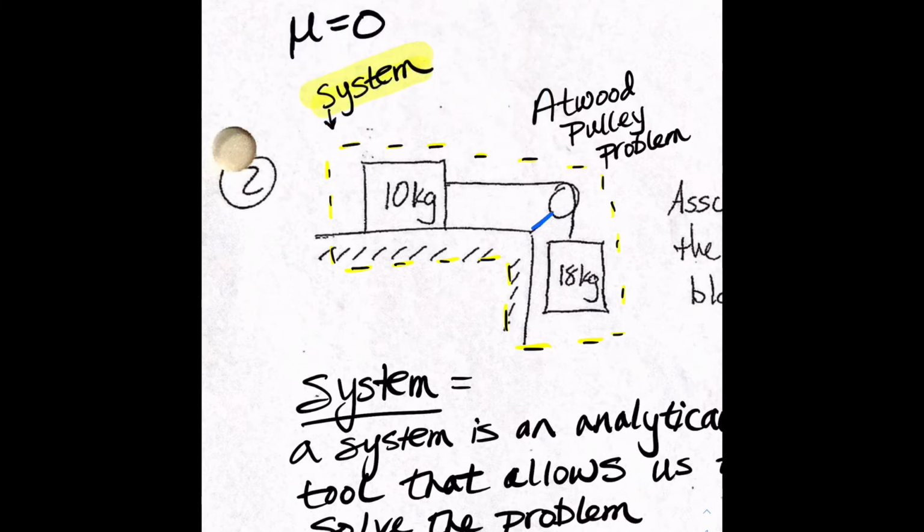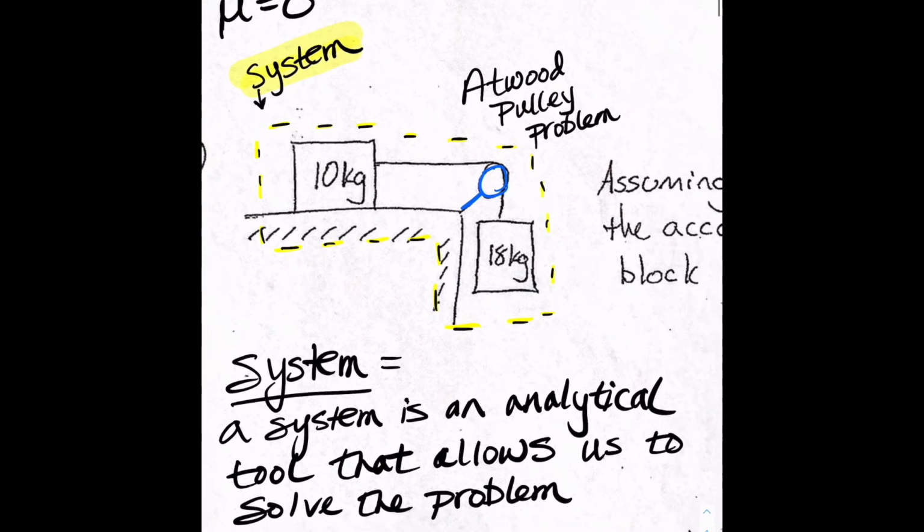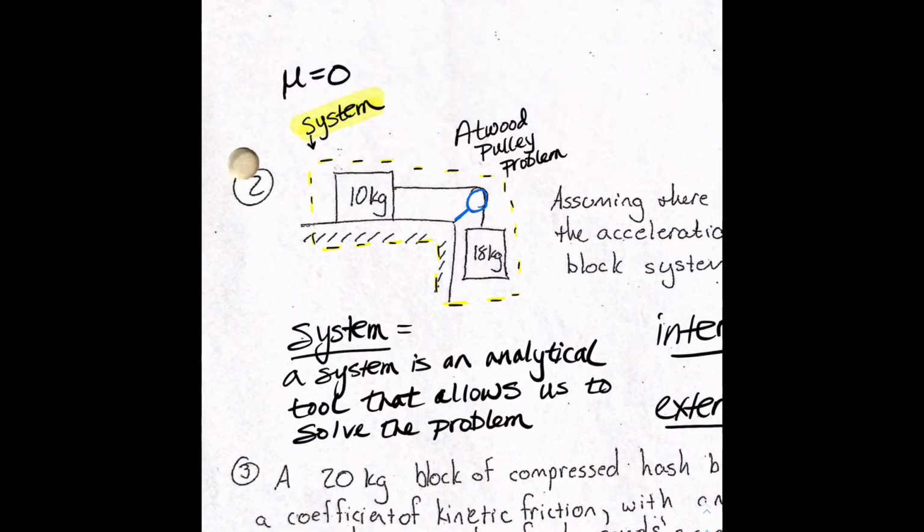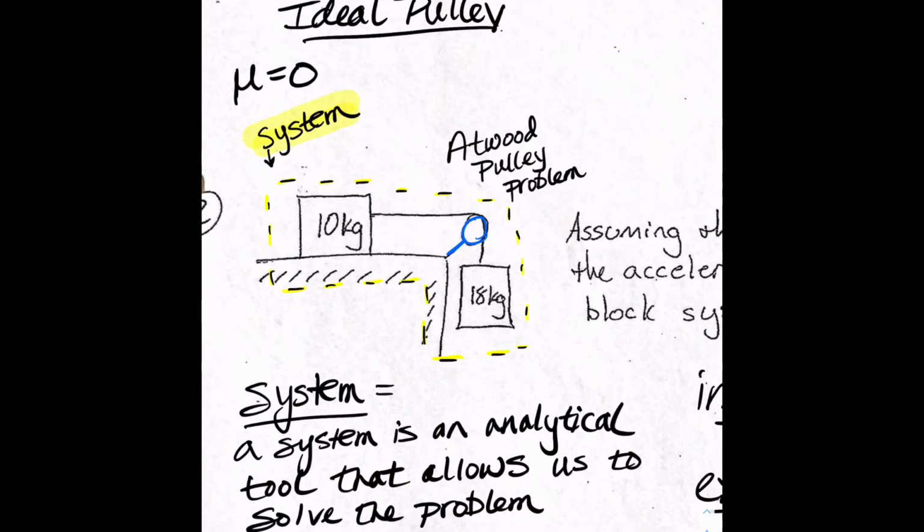And so this is the pulley right here in blue. And you can see the string is draped over it. So when we assume that the pulley has no friction, we call that an ideal pulley. And this is something that will show up sometimes in a problem. If something's ideal, it is under the best circumstances, and it minimizes things like friction.